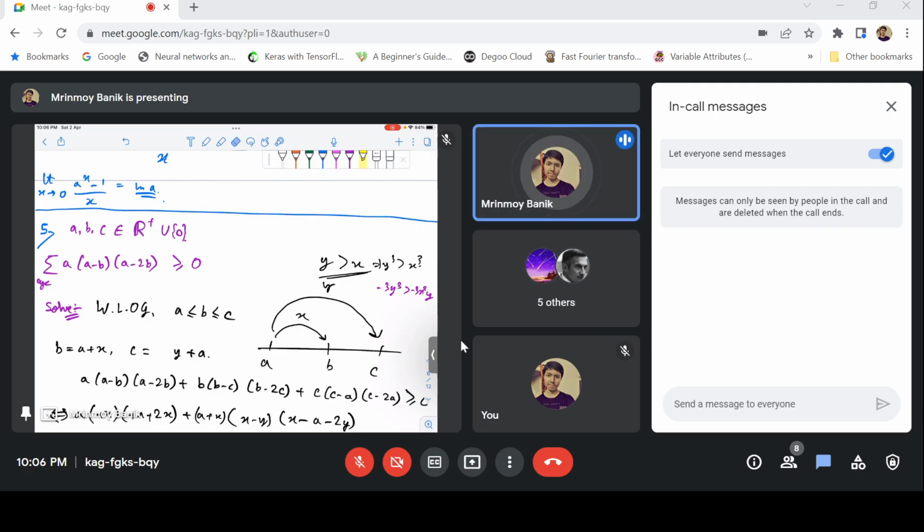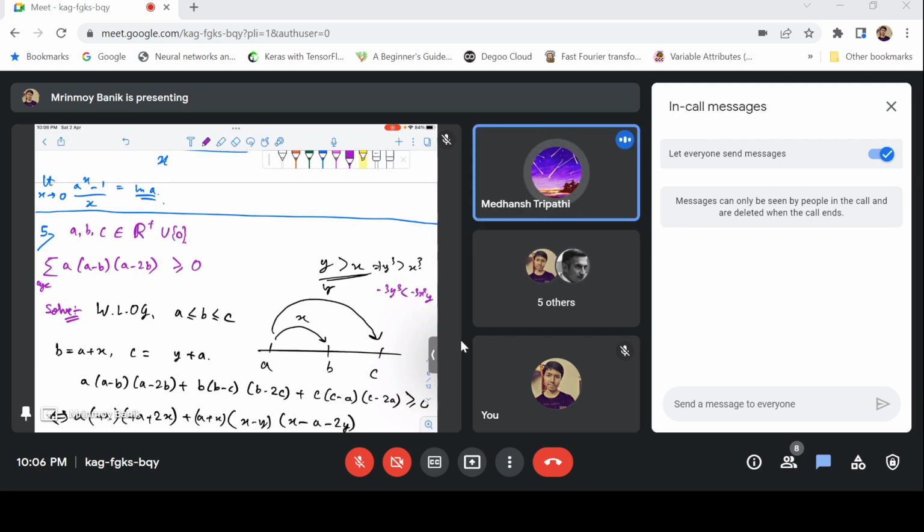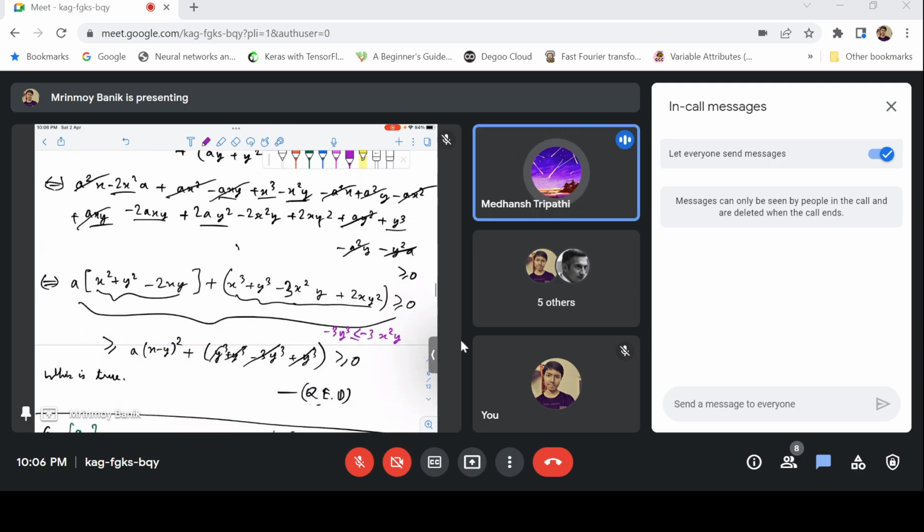Not greater, less than. We are inverting the inequality by multiplying with minus 1. Okay, y is greater than x. Oh, I thought x. Then how can we give that bound? But then y cube must be greater than x cube, right? Then how can we give this bound?